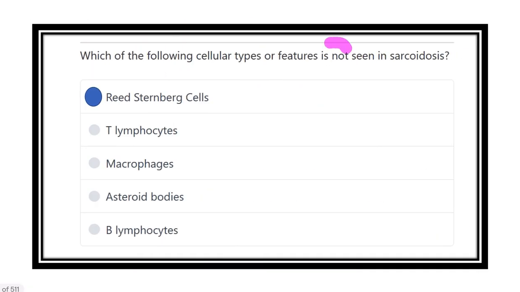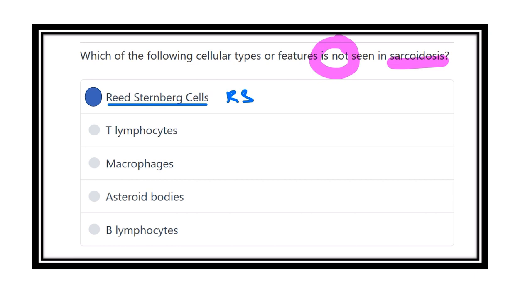So which is not a feature of sarcoidosis? It is the RS cell or Reed-Sternberg cell, because the RS cell is the pathognomonic feature for Hodgkin lymphoma.